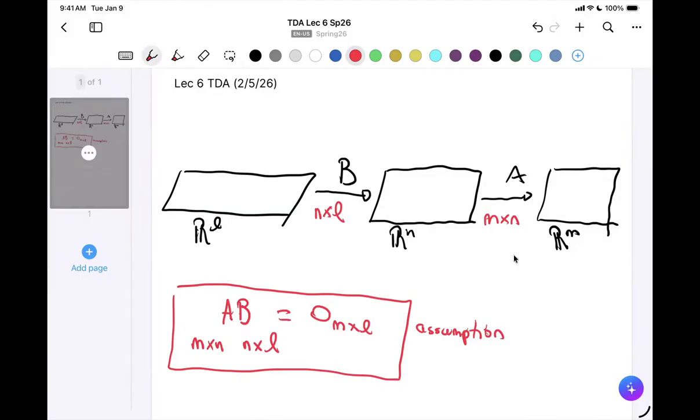once this happens, there is an inclusion: the null space of the matrix A contains the column space of the matrix B. So let me write it down here.